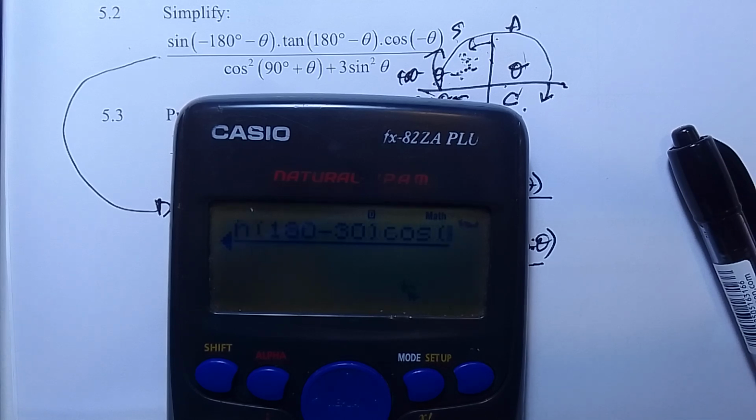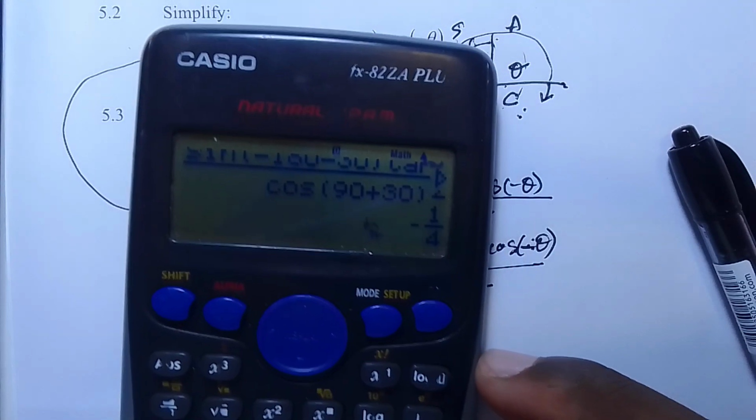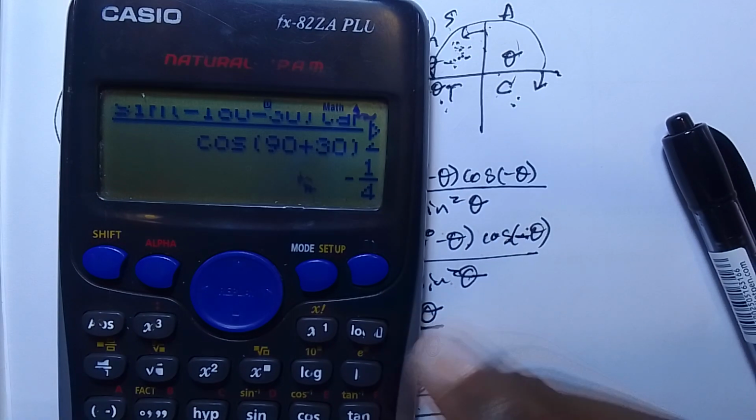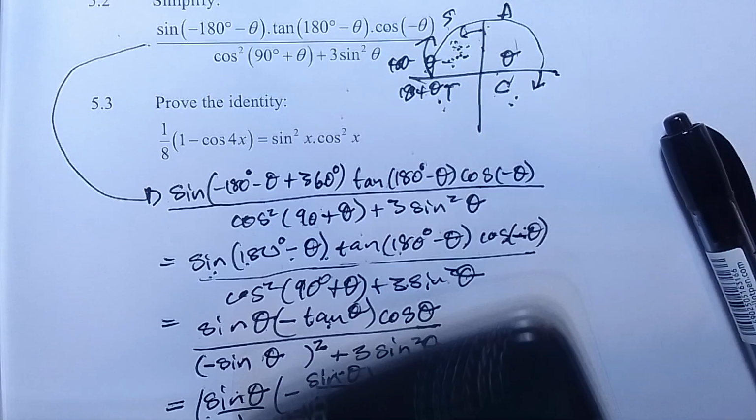And then cos of negative 30 degrees. Make sure you substitute the same angle for all of them. So you have cos of 90 plus 30 degrees squared plus 3 sine 30 degrees squared. And your answer is negative 1 over 4. That means that you got the correct answer. That's how you check that one.